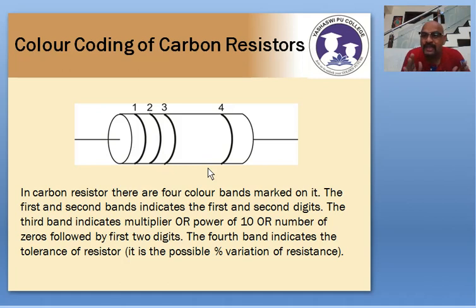What do these rings represent? And which is the first ring? Say for example, you have got the carbon resistor here. If you turn it around, this cannot become the first ring. This fourth ring, if you turn it around, this cannot become the first ring, this cannot become the second. Always the first ring is the one which is nearer to the end.